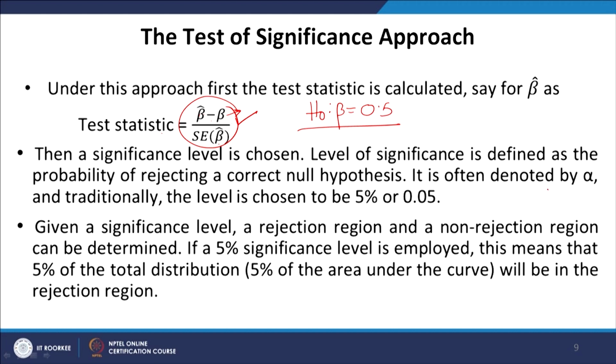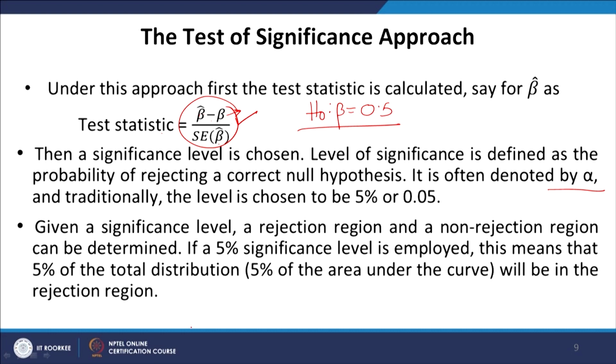Traditionally the level is chosen to be 5% or 0.05, but one can go for other significance levels also. The other two most commonly used possibilities are 1% and 10%, right.